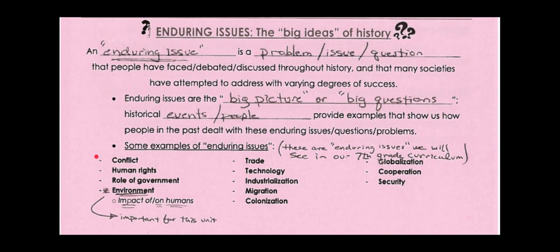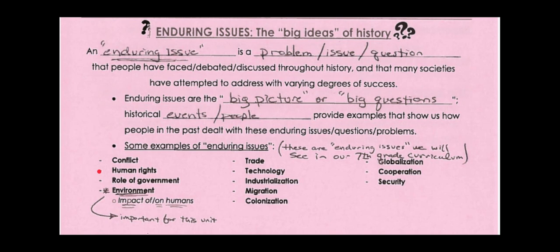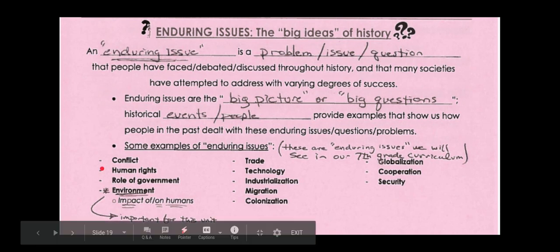Conflict is something that has gone on throughout human history, and we will learn some examples of that this year. Human rights, and human rights being taken away from people. That's something that has been going on throughout history, unfortunately, as well. And it will be a big part of what happens in United States history as well.